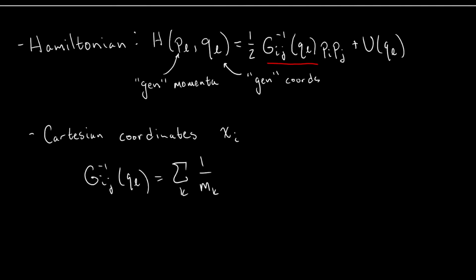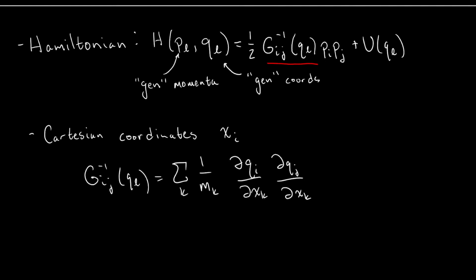Because remember, we have to have one coordinate for each degree of freedom. So this is just the mass corresponding to that degree of freedom. And then we get dq_i/dx_k times dq_j/dx_k.